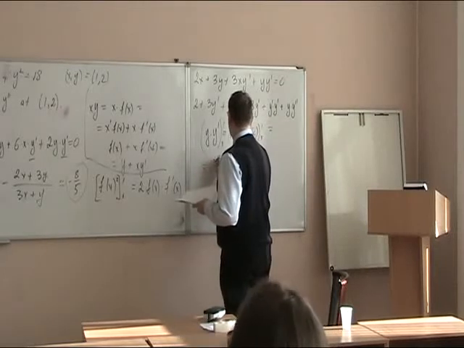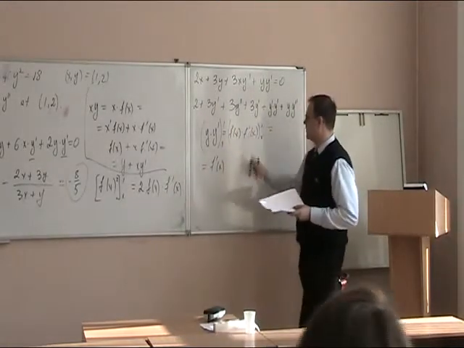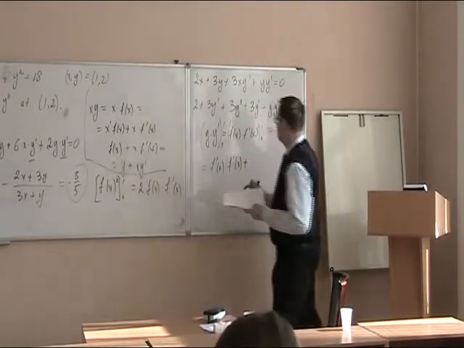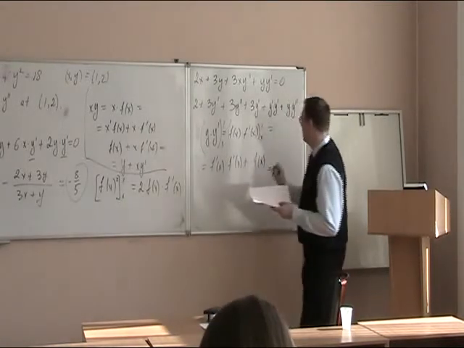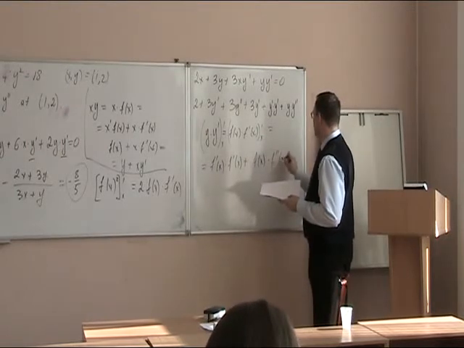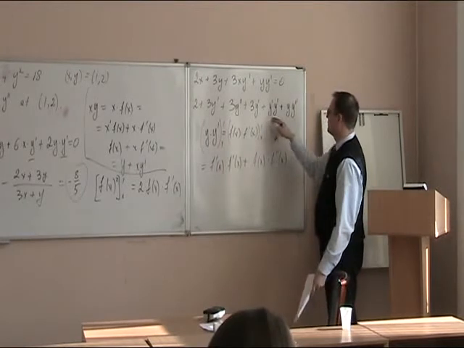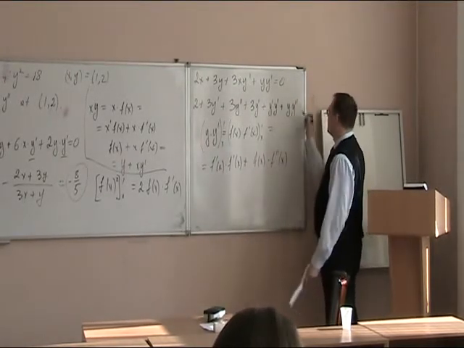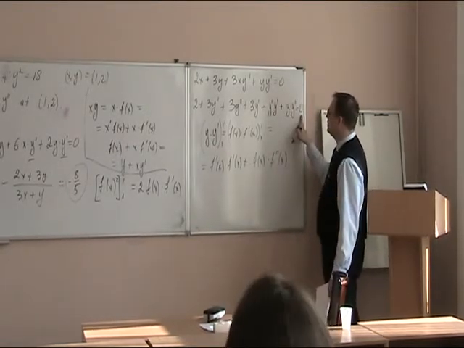We get first f prime of x times the same f prime of x which we had, plus this one is the same, f times f double prime of x. Which is why we get this expression over here. And this one is equal to 0 because we differentiate 0 with respect to x, we get 0.